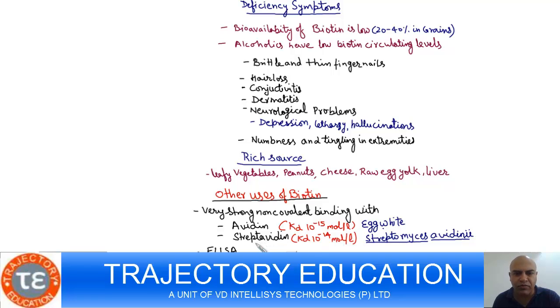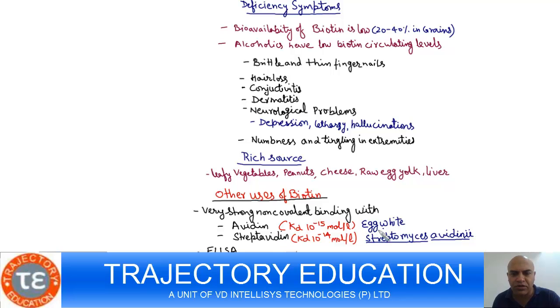Another tetrameric protein, streptavidin, isolated from a microorganism called Streptomyces avidinii, has a comparable dissociation constant of 10 raised to the power minus 14 mole per liter. So it is one of the strongest known non-covalent interactions between a protein and a small molecule, that is biotin.